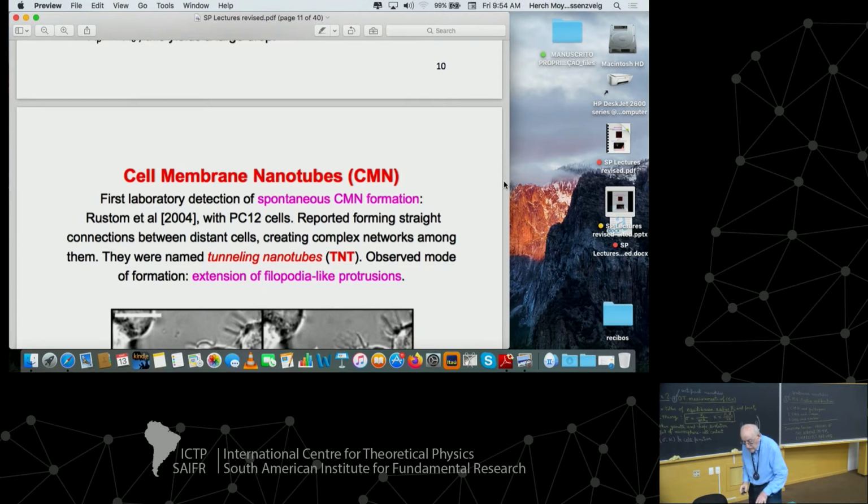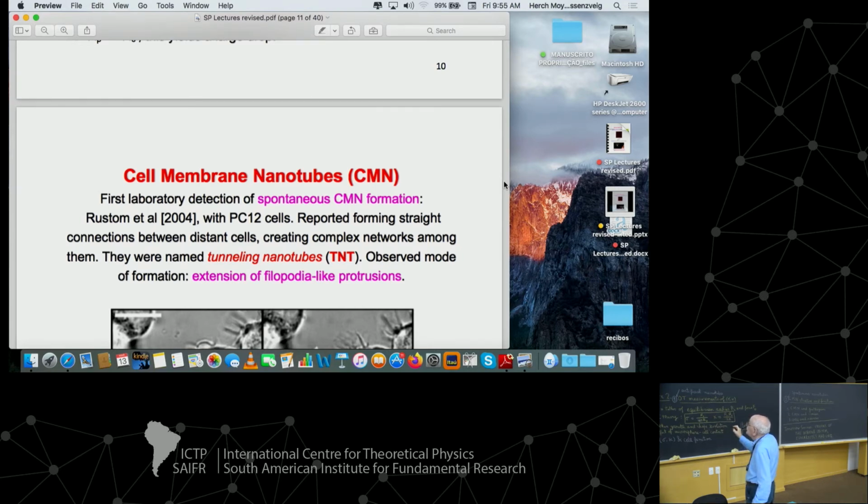Okay. Now, I come to the second part, which is the spontaneous nanotubes. And those I call CMN. The first time they were detected in the laboratory was in a paper by Rustam and collaborators published in 2004.